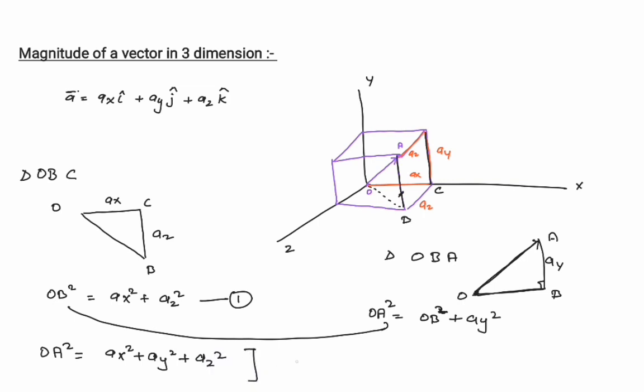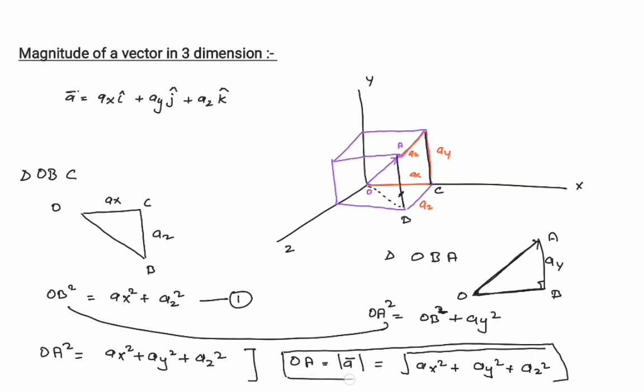It means, what is the value of OA? OA means the magnitude of vector A. Magnitude of vector A will be equal to under root of AX square plus AY square plus AZ square, which we have already discussed in the previous topic.